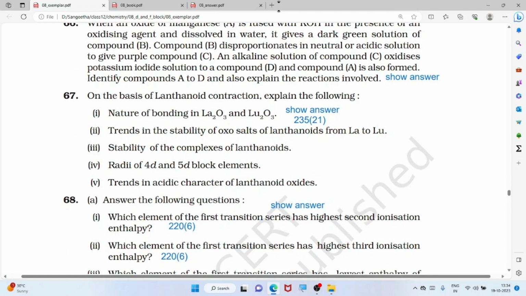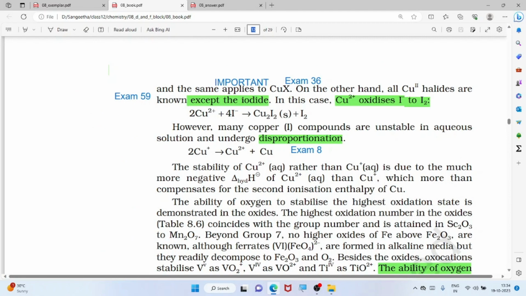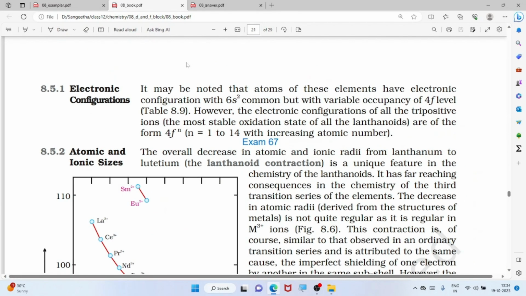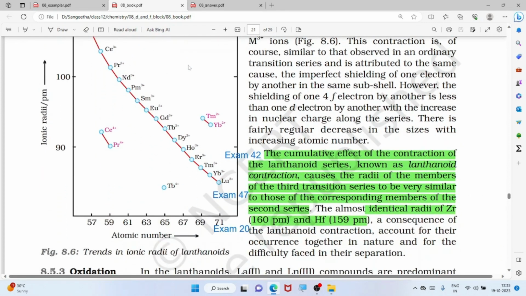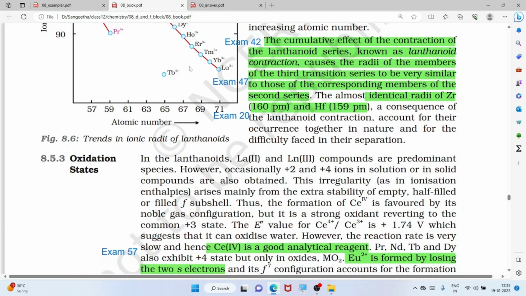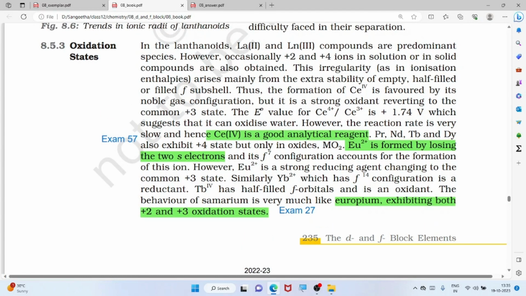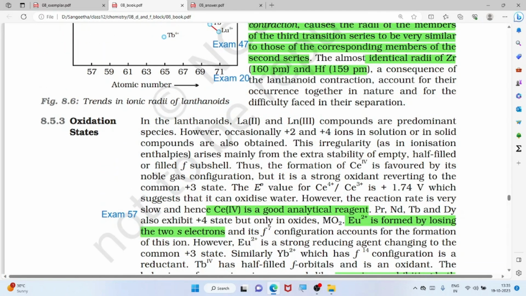On the basis of the ligand field, explain the following: nature of the bonding in this. Okay, these oxidation states and how the bond varies, these things.